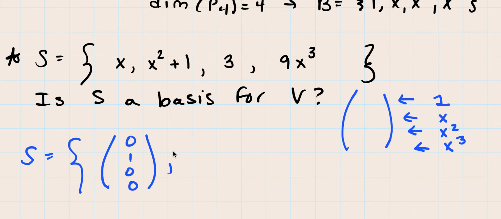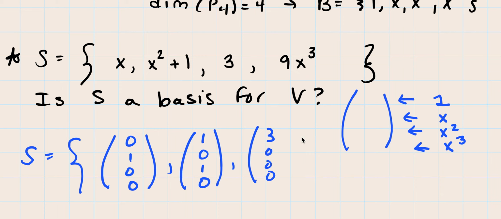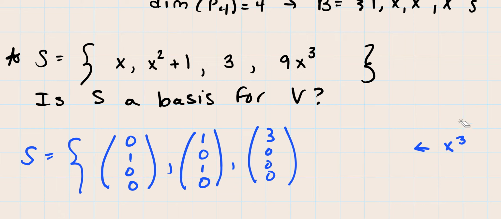With the same idea, this one would be 1, 0, 1, 0, because it's 1 plus x squared. The next one is 3, 0, 0, 0. And then the last one is 0, 0, 0, 9.